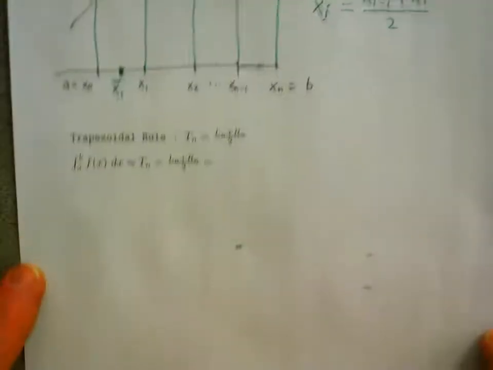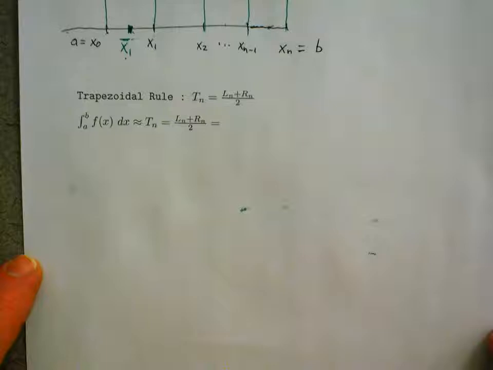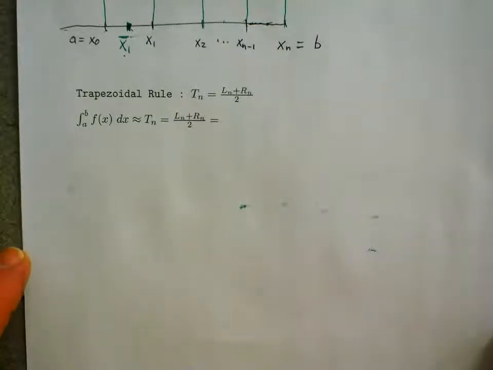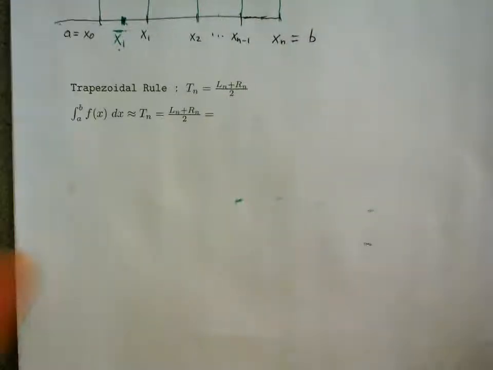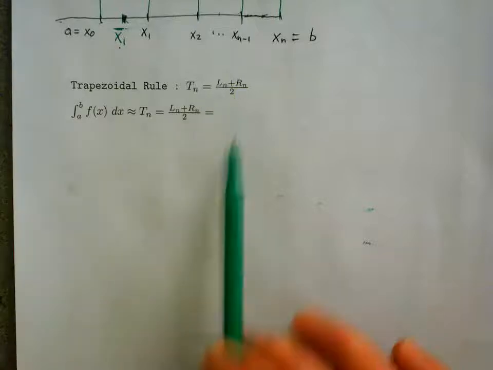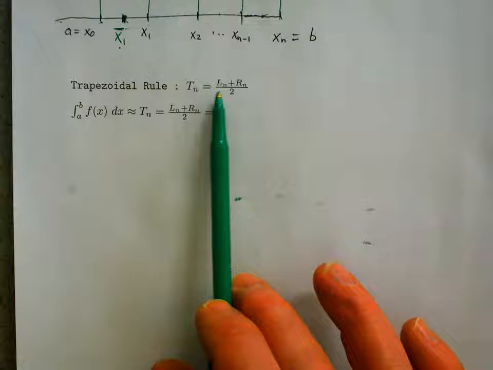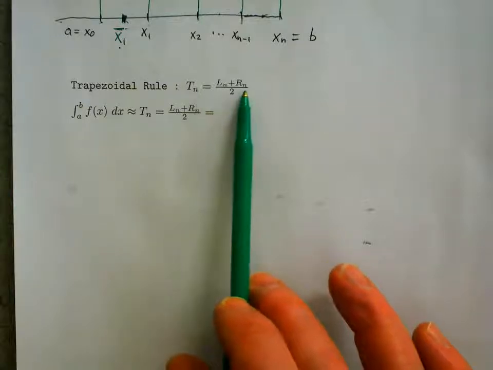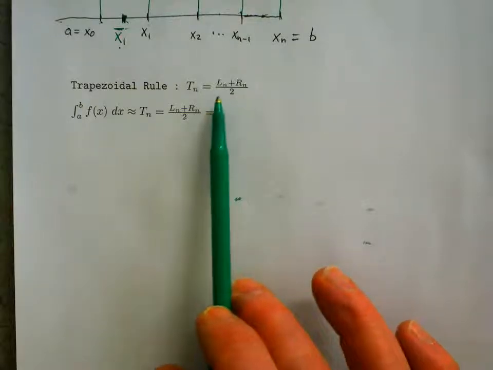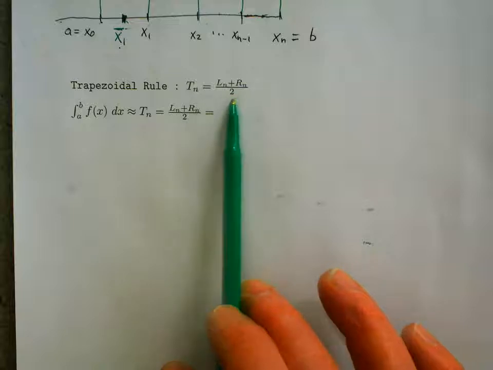Okay, another way to approximate a definite integral is to use the trapezoidal rule. The trapezoidal rule is nice because it's just the average of the left-hand sum and the right-hand sum. So L sub n plus R sub n divided by 2.